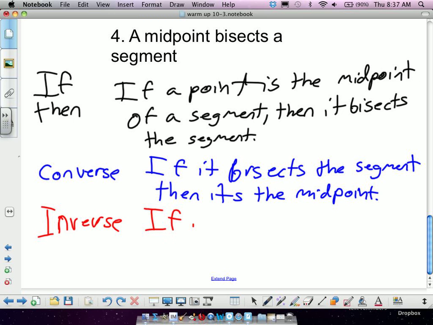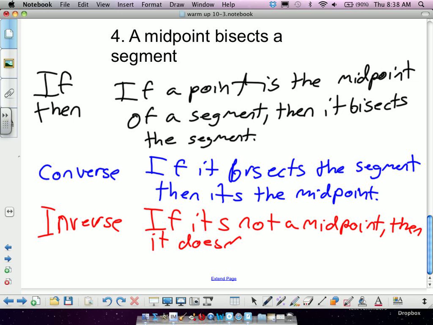Good. If it's not a midpoint, then it doesn't bisect the line. We'll put the segment because it's not really a line.